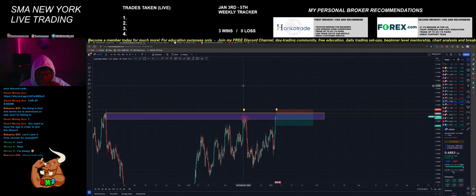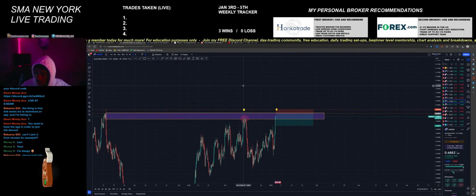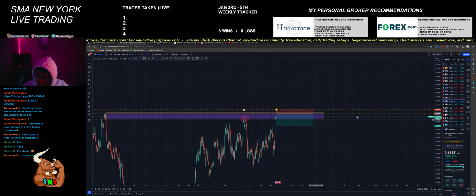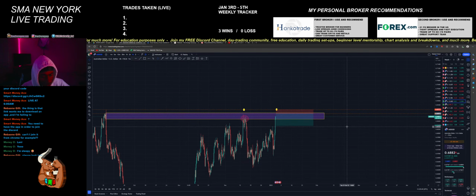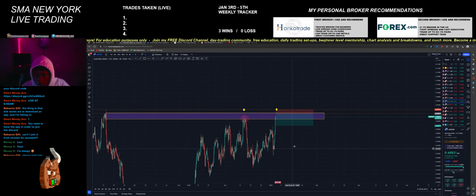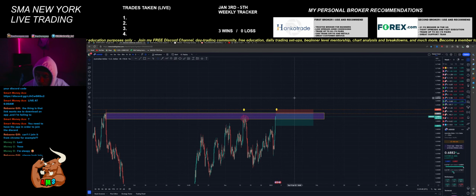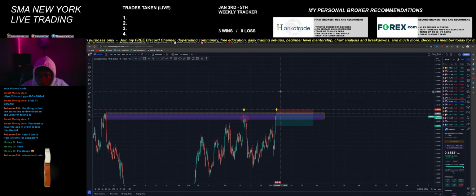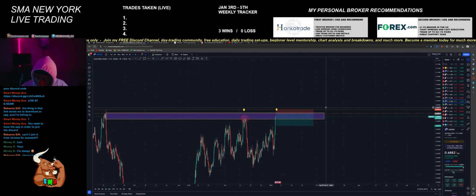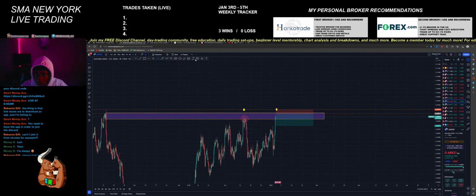So I'm now in a sell limit for AUD USD. We're gonna give it another 5 minutes and look at some other pairs and talk about some other concepts. But hopefully what I went over earlier with my trades that I took yesterday made sense in terms of using market gaps, ranges, and the RSI.